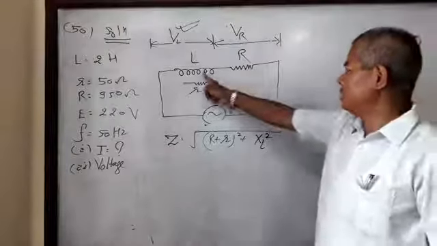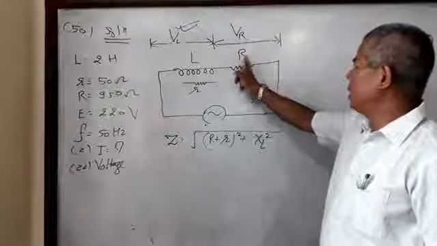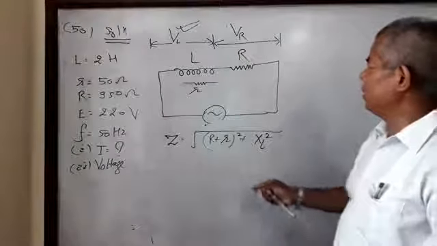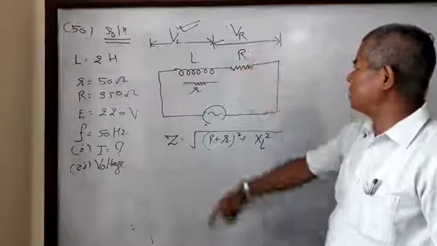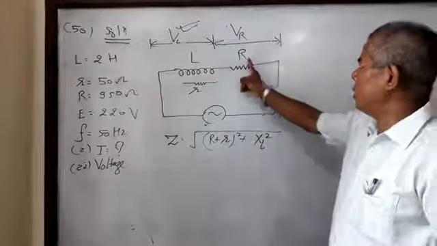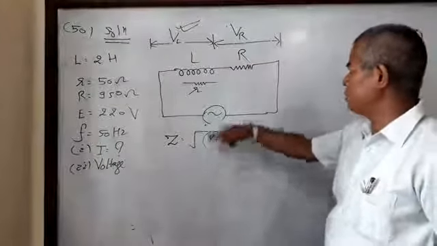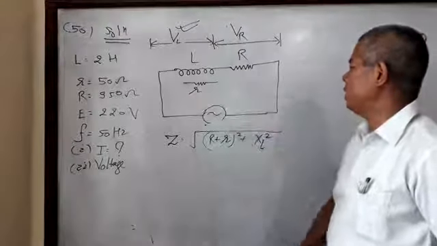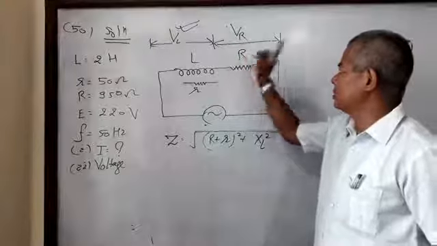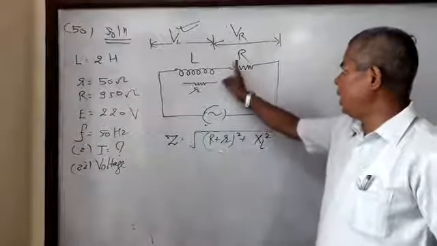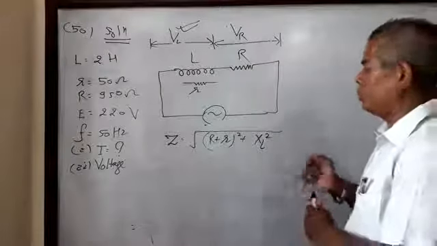Small r is the resistance of the inductor, and capital R is the external resistor. In series, the equivalent resistance is R1 plus R2, so R plus r is the equivalent resistance in the series circuit.